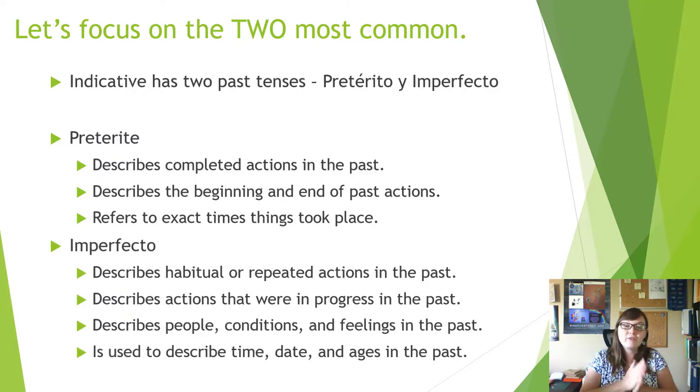Whereas imperfecto describes habitual and repeated actions in the past. It also describes actions that were in progress but then interrupted. It describes people, conditions, and feelings in the past, and it's used to describe times, dates, and ages. So there's different past tenses in the indicative form to express different things, different meanings.